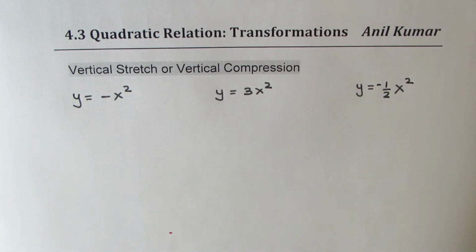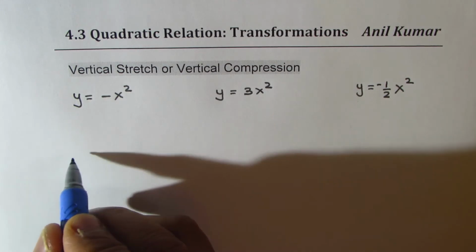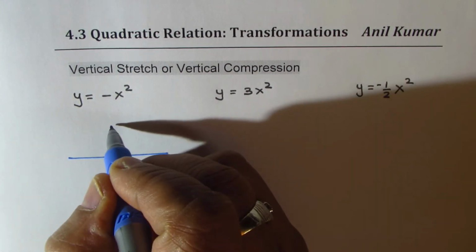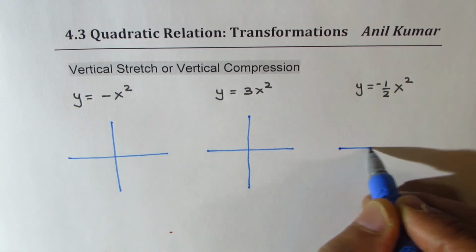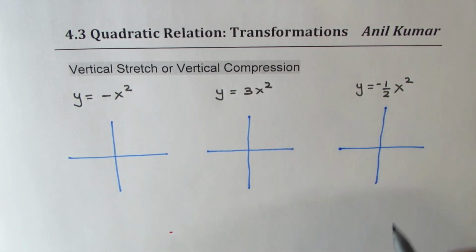We are taking 3 examples to understand the concept. Let me sketch them also. While sketching, I'll describe them. You can actually pause the video, sketch them, and then we'll be together.